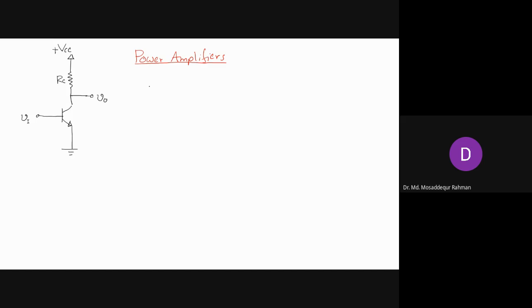So this is just a conceptual diagram of a regular amplifier. Here, two types of current flow in the regular amplifier. One is our DC bias current, which is IC, and the other is our signal current, denoted by small i, small c.